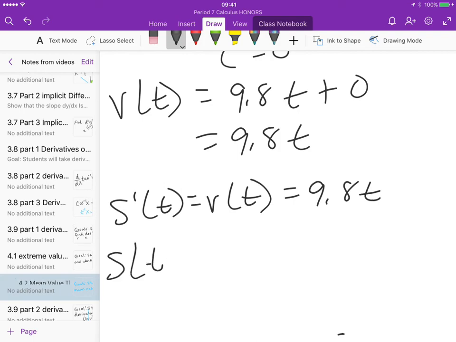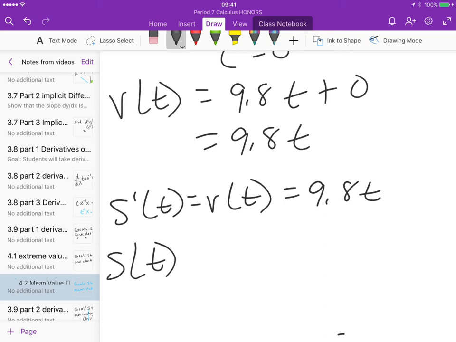In order to find s of t, I need to take the antiderivative of 9.8t. You have to think backwards.